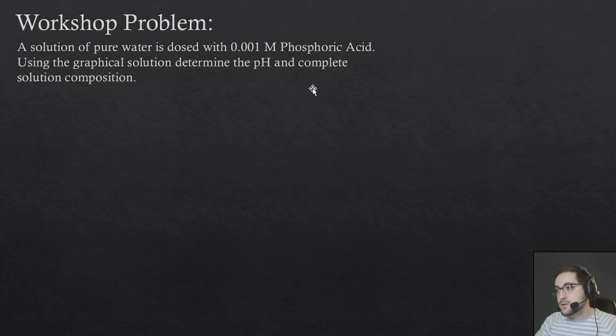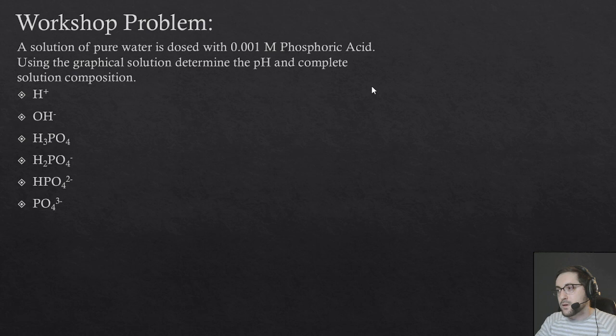Okay, so in order to solve this, the first thing we're going to want to do is just list out all our species. H plus, OH minus, we're in water. Phosphoric acid is H3PO4, and then we're going to have to list all the protonated species, so H2PO4 minus, HPO4 2 minus, and PO4 3 minus.